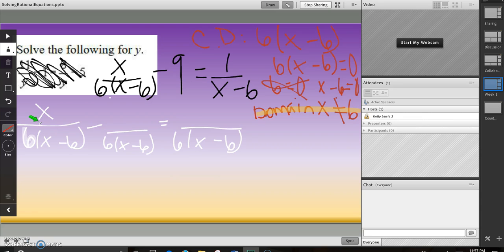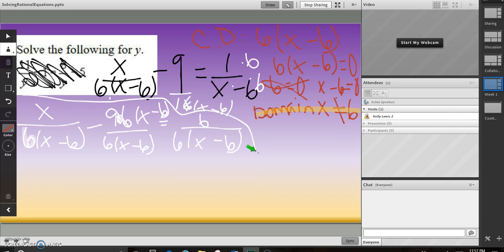And then 9 is 9 over 1, so we're going to have to multiply the top and the bottom by 6 times (x minus 6). So 9 times 6 times (x minus 6). And then this is x minus 6, so we just need to multiply everything by 6. So 1 times 6 is 6. All right, so that's where we are.